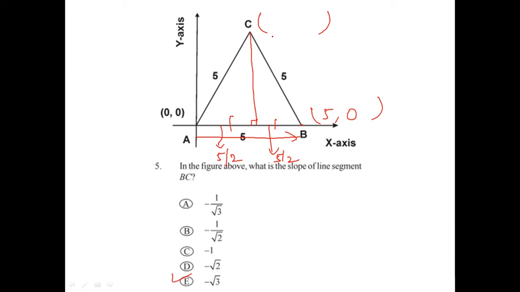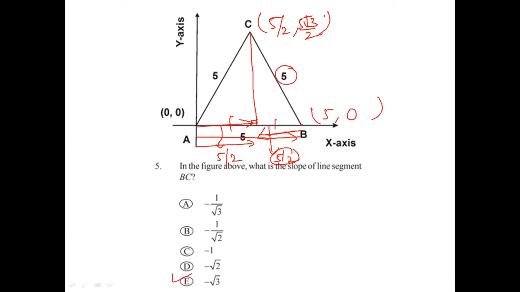So the x coordinate is nothing but the horizontal distance from the origin, which is equal to 5 by 2. And the vertical distance would be how much? See, you know the hypotenuse. Now you know the base also, 5 by 2, so you can calculate the perpendicular. Hypotenuse square minus base square would be perpendicular square. So we take the square root. That would come out to be 5 root 3 by 2.